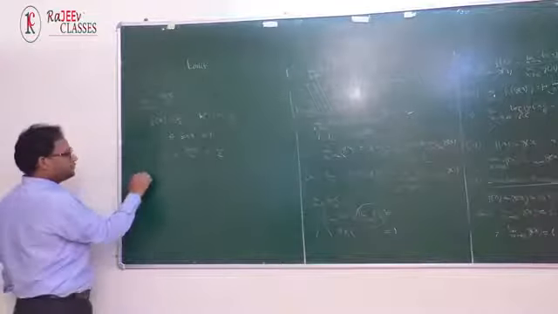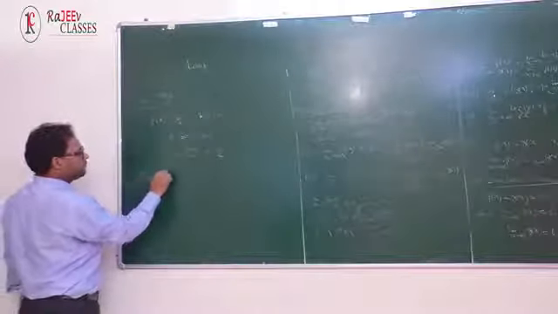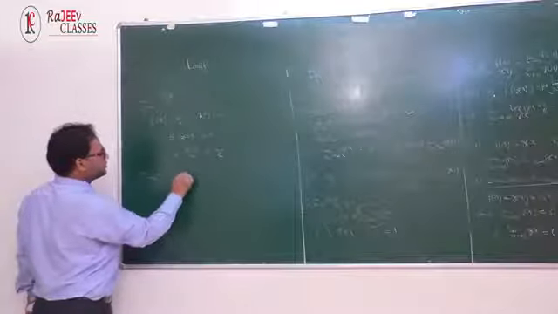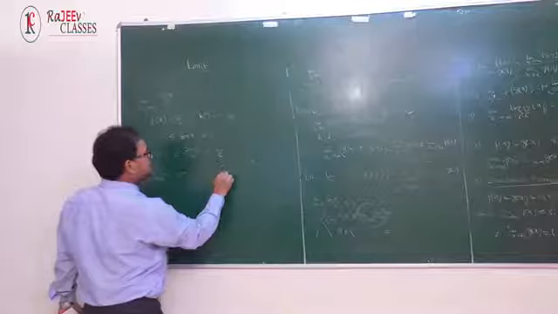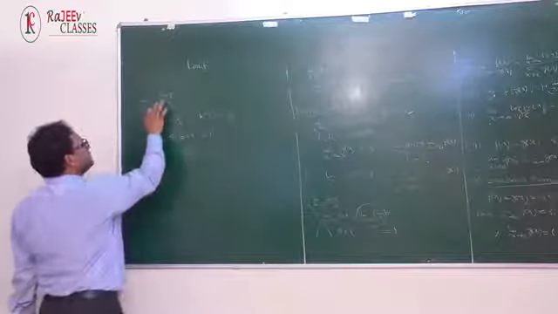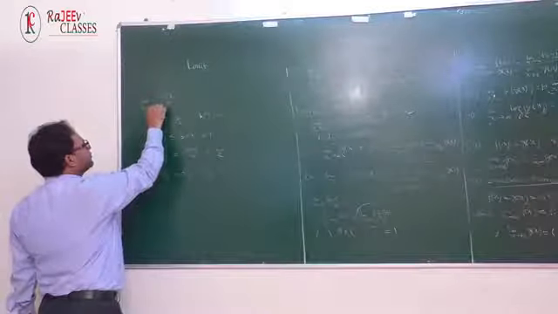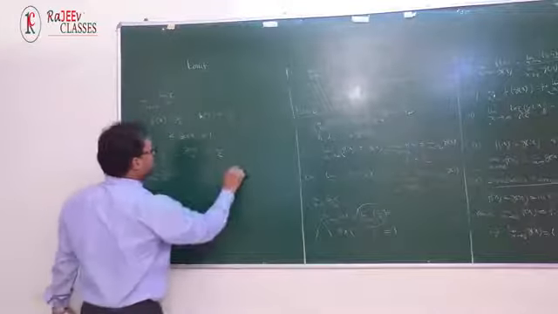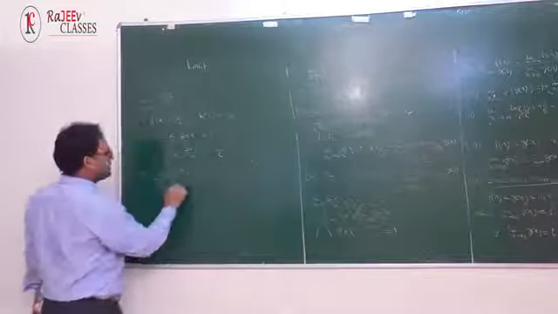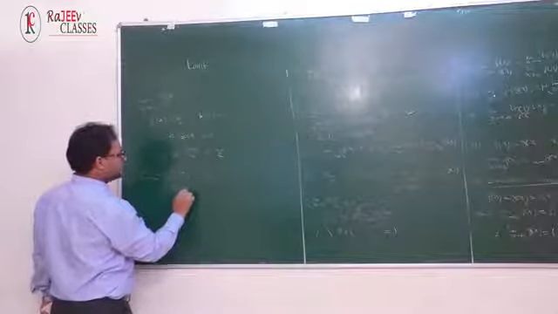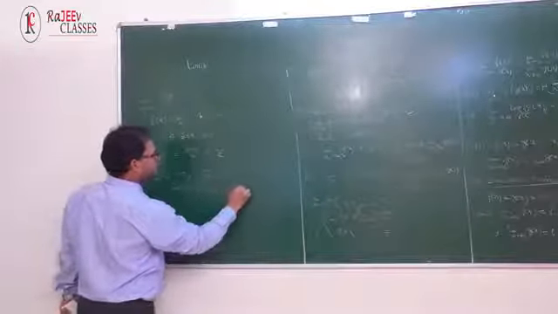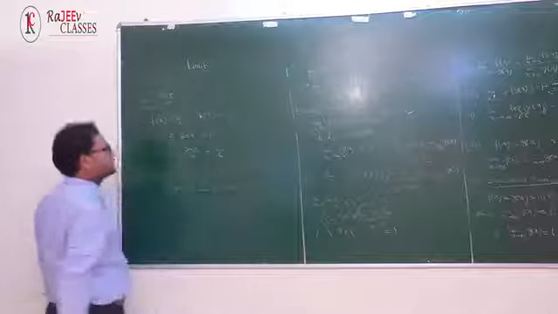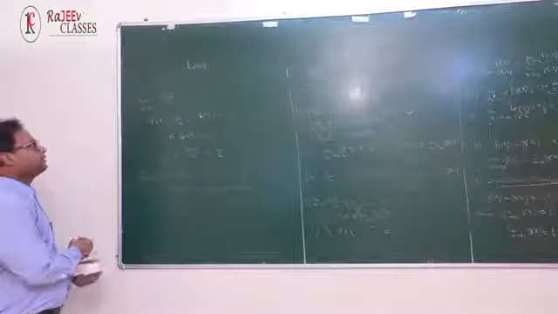Now the limit as x tends to infinity of minus 1 by x is equal to 0, as well as the limit as x tends to infinity of 1 by x, taking positive infinity, is 0. So therefore we can say that sin x by x tends to 0 as x tends to infinity.